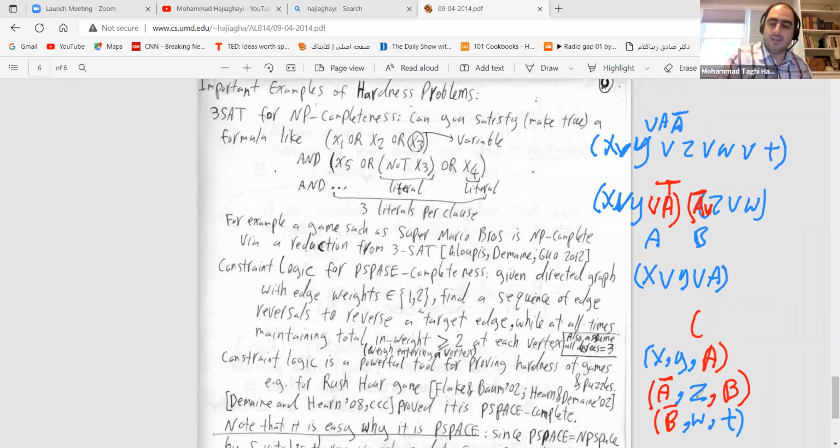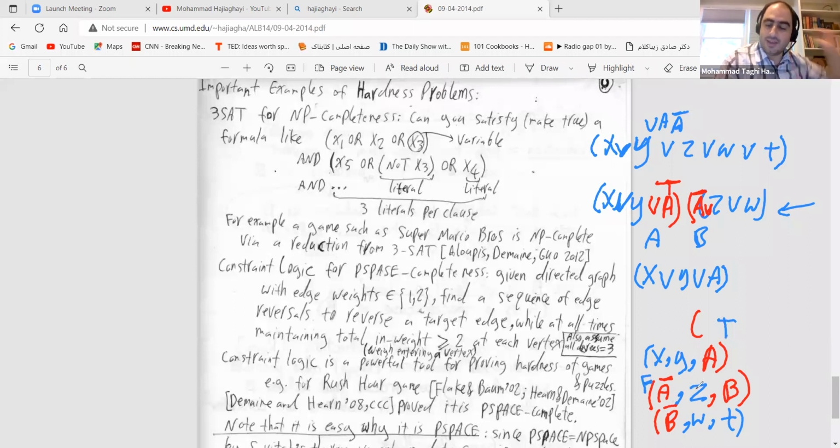Now it's actually easy to see that this is similar to the idea that we discussed here. Either A or A bar should be correct. If A is false, then X and Y, one of them should be correct. But if A is true, it means that we don't care about X, Y. Then A bar should be false here.